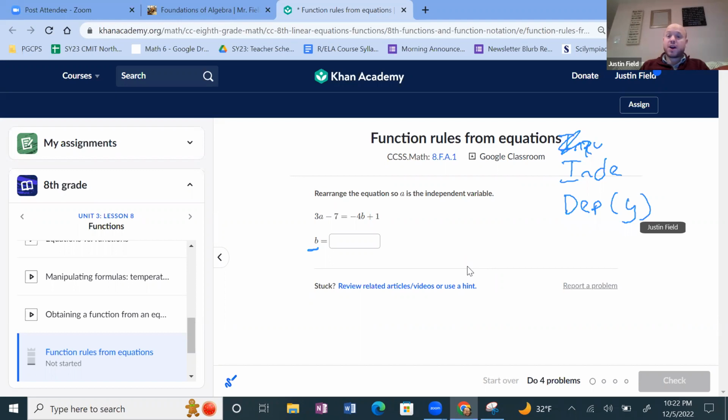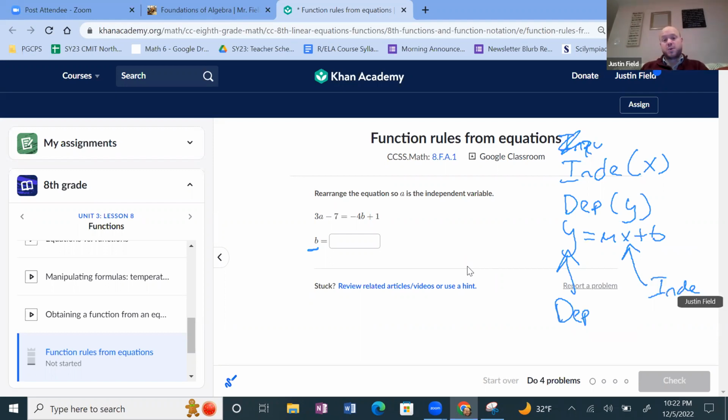The dependent variable is usually y, and the independent variable is x. And we can even write y equals mx plus b. In this case, the y is our dependent variable, and the x is our independent variable. So lots of names for these two categories. You can tell they're important, can't you?